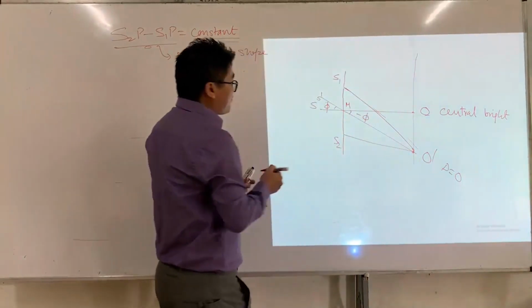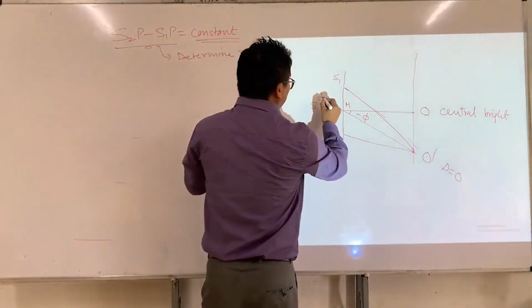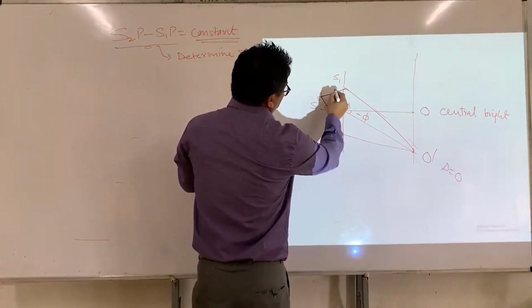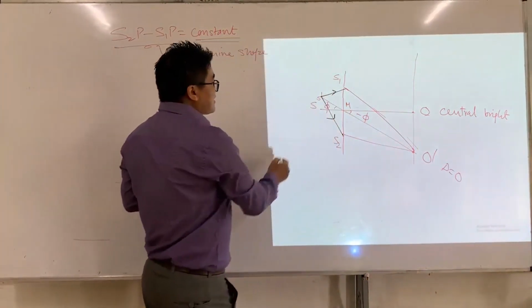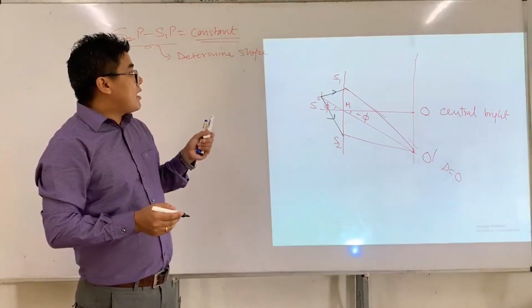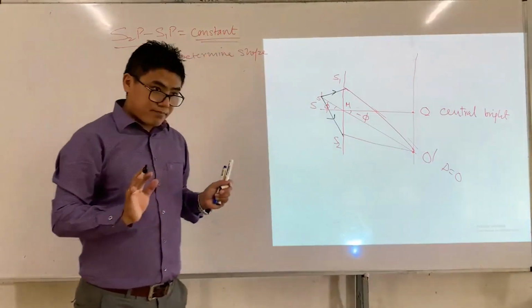You would say that the path difference is not 0, but I have to consider from here. Considering from S prime, the path difference between S1 and S2 at O prime is going to be 0.